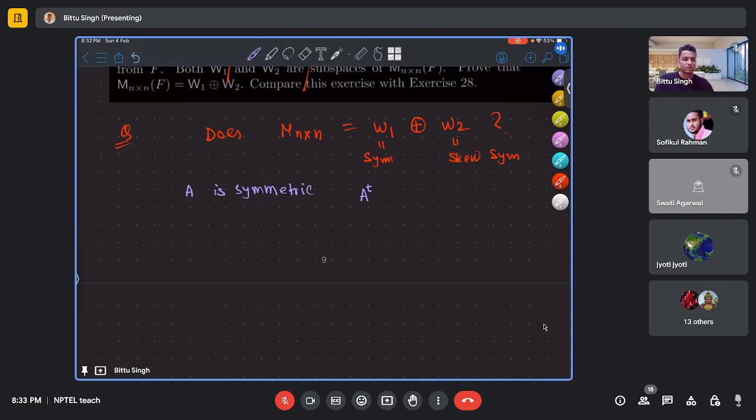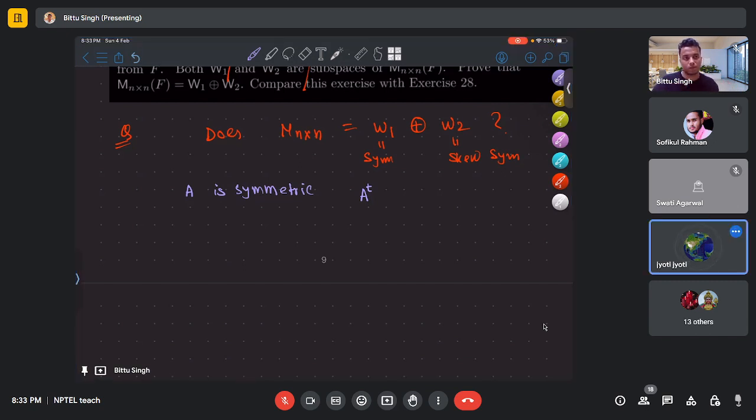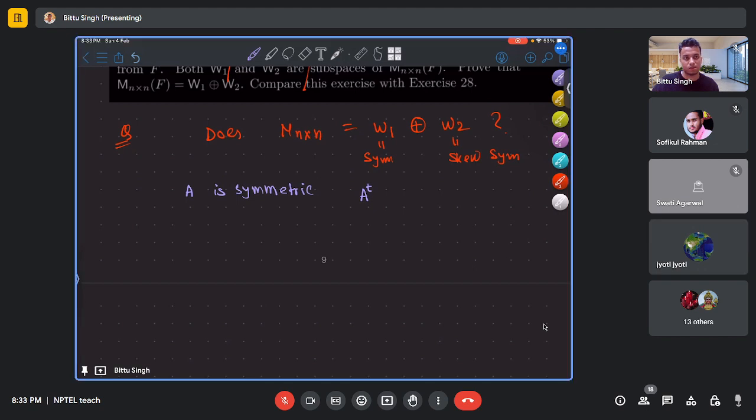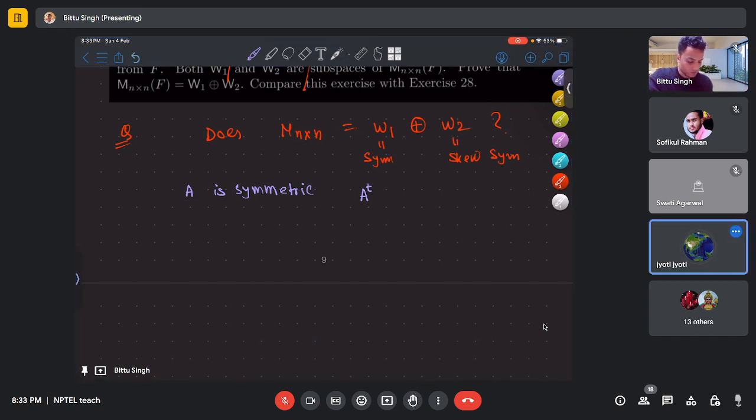The problem is a skew symmetric matrix does not have any nonzero diagonal entry, because every skew symmetric matrix has diagonal entries 0 by skew symmetry. That is what you have not noticed.